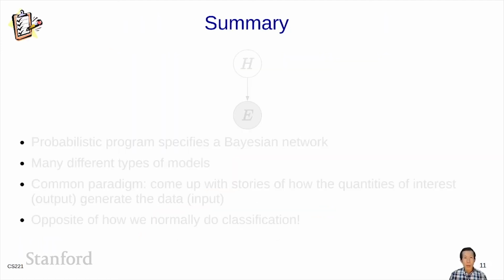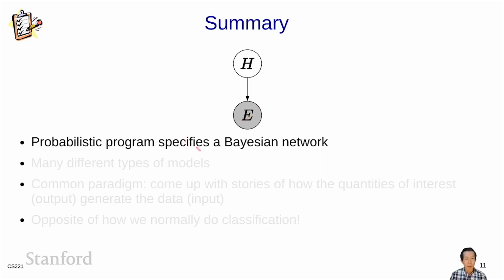So that was a whirlwind tour of a lot of different popular Bayesian network architectures in the literature, but they all basically boil down to this one, which is that there is a variable or a set of variables H, which are generated first and then give rise to a set of variables E. So the probabilistic program specifies a Bayesian network.